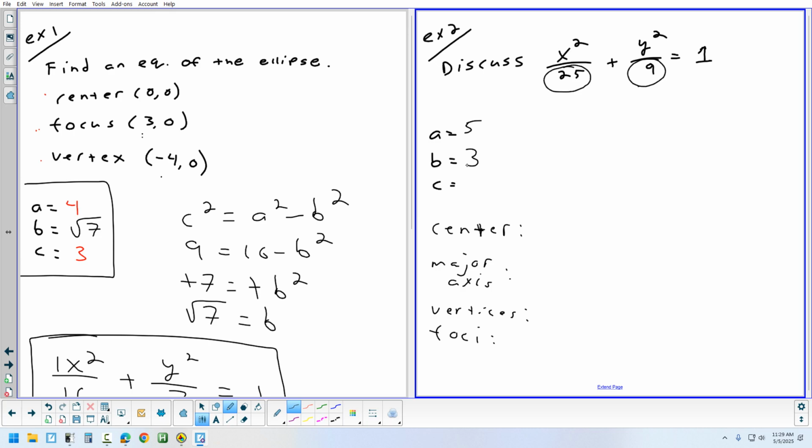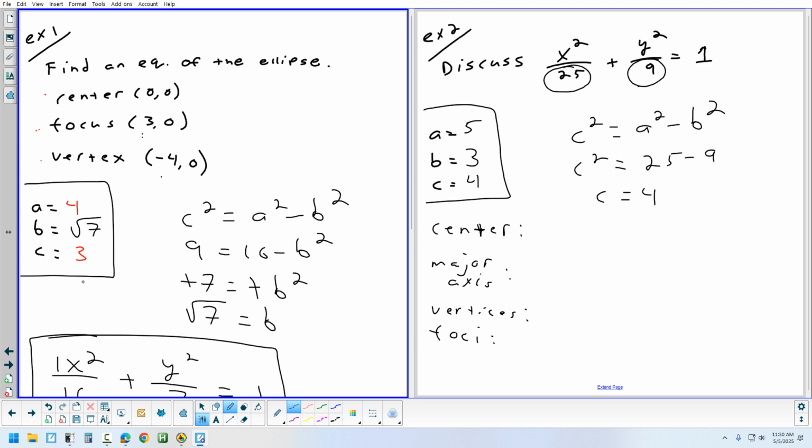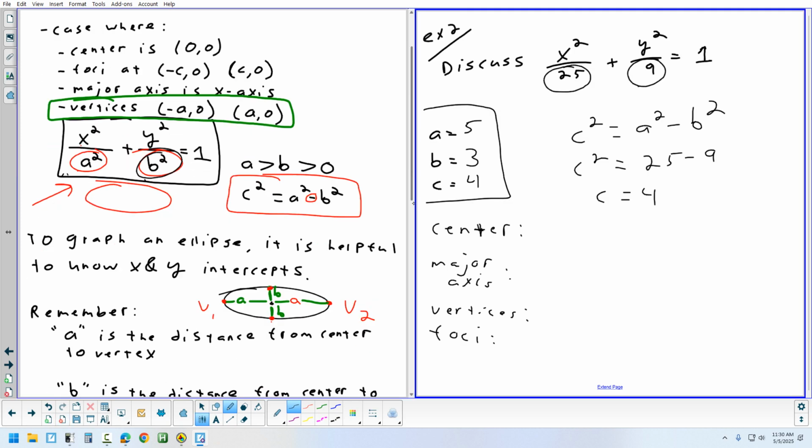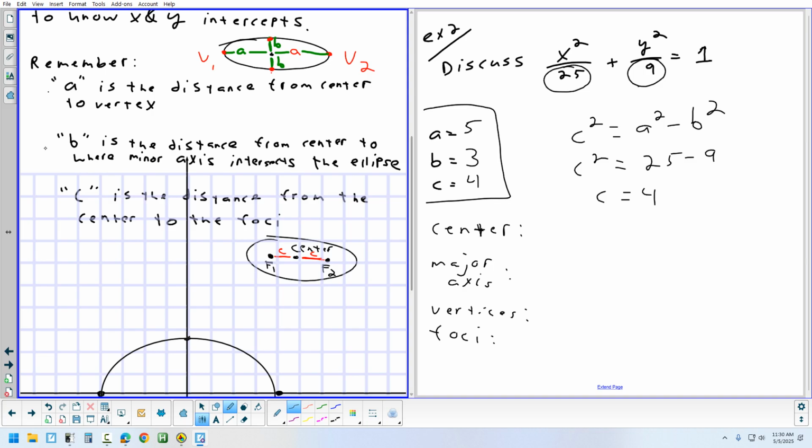C squared equals A squared minus B squared. So C squared equals 25 minus 9. In this case, C will come out to a nice number. Yeah, 4. C is 4. Okay. So now we've got all the pieces of information. We just got to make sure that we know what each piece of information tells you.